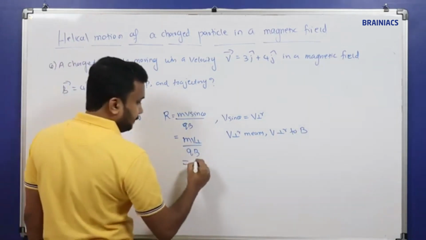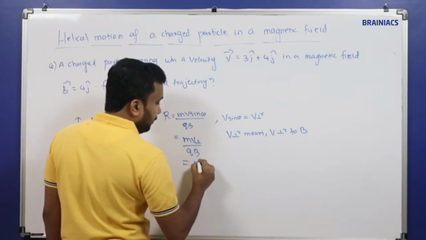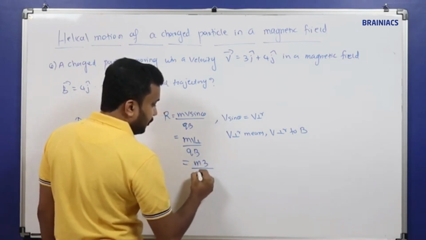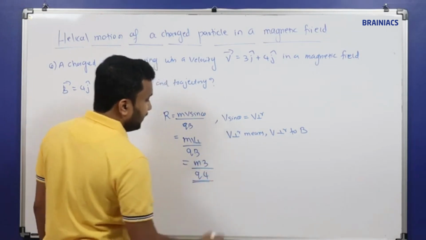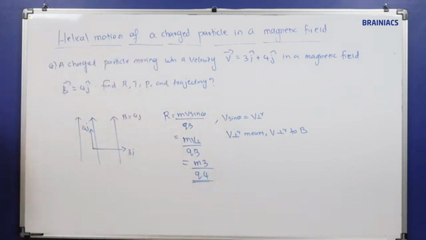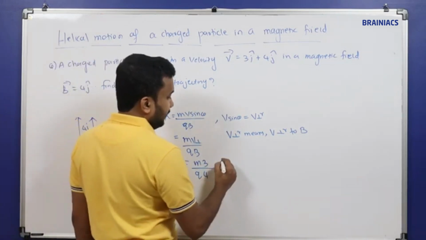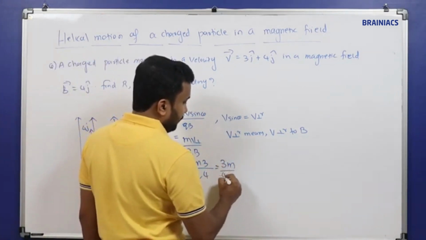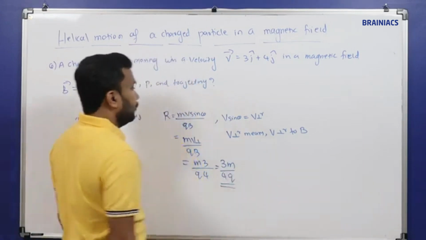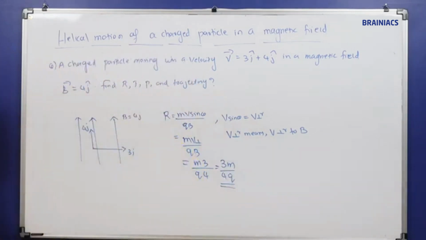You have to take it as 3. So m into 3 divided by q into 4. 3m by 4q is the right answer for this one.